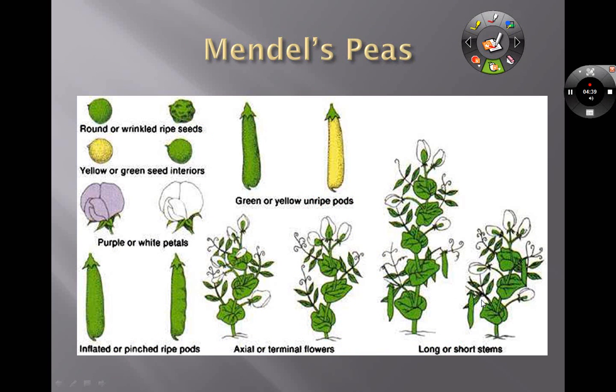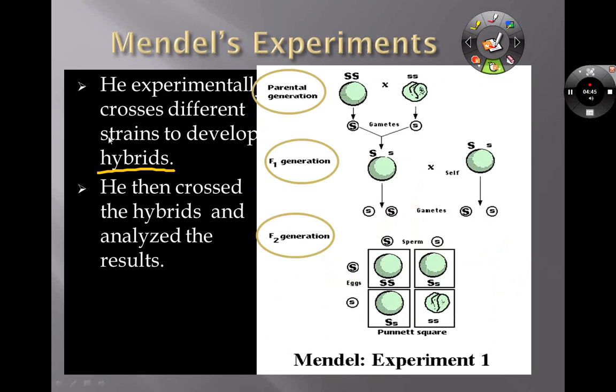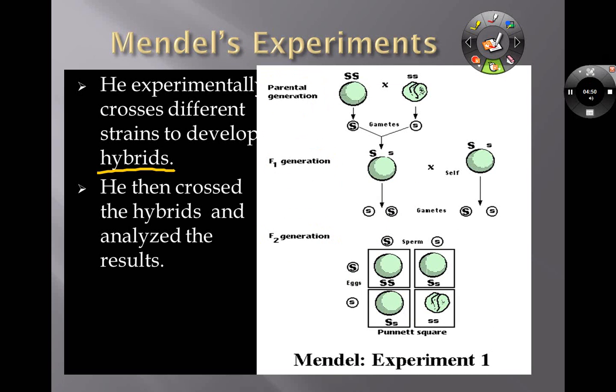Here's a picture of some of them traits. Some of them are round, some of them are wrinkled. In his experiments, he crossed different strains to develop what we call hybrids. Then he crossed these hybrids and analyzed the results. Let's look at this picture.